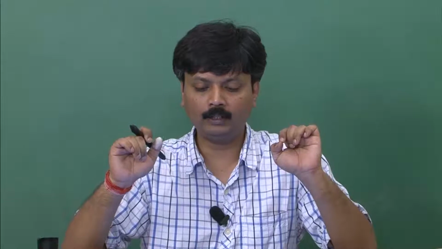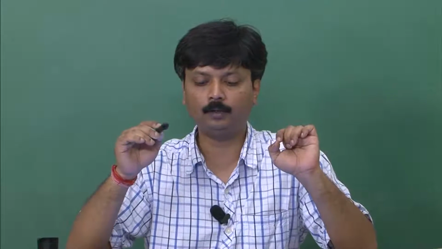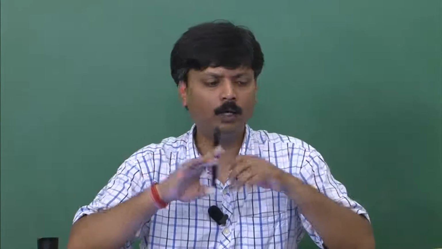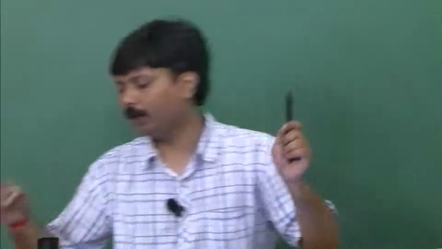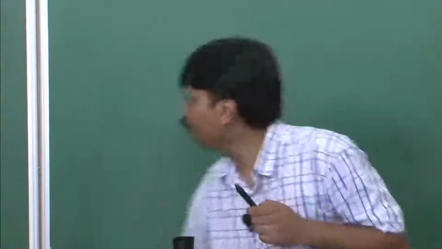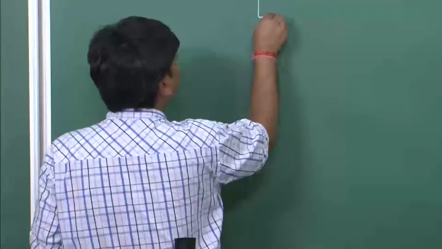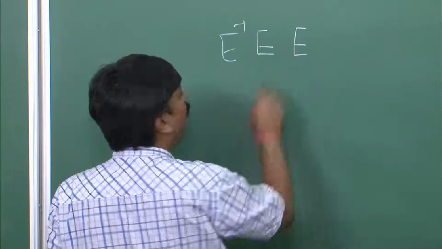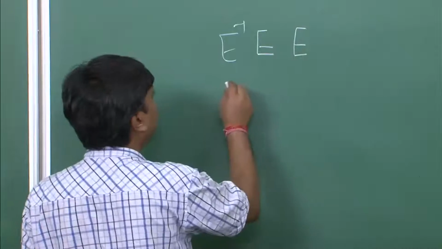Choose any particular element first, then perform the similarity transformation using all the elements present. For example, suppose you start with the element E. You take E and keep doing the similarity transformation using all the elements present in this group.